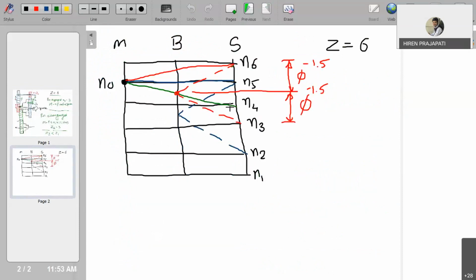Again I am indicating it by a dotted line. Fine.